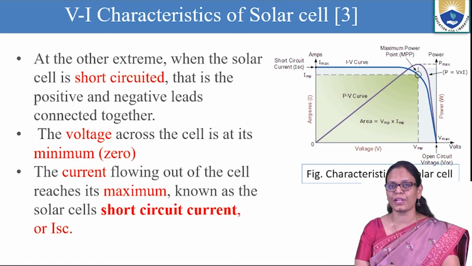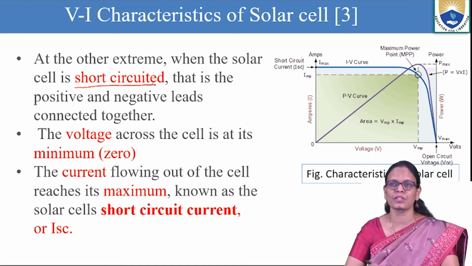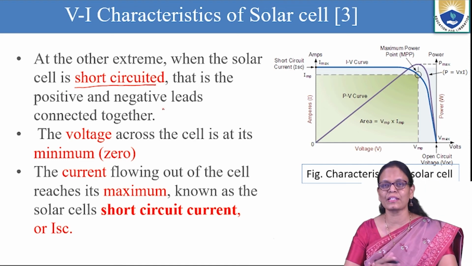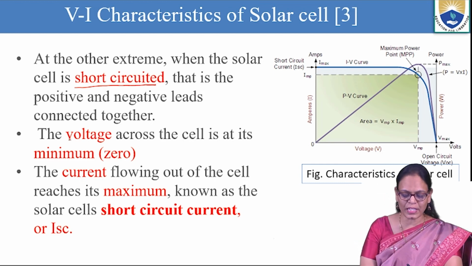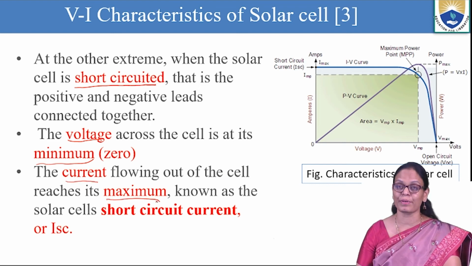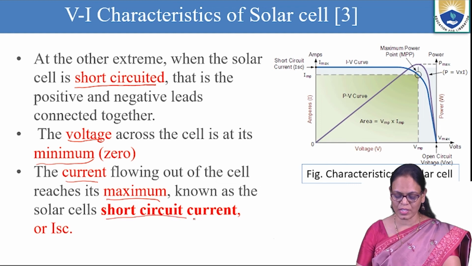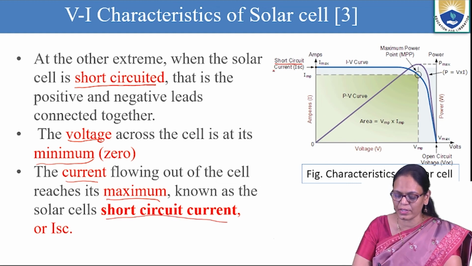Now at the other extreme, when the solar cell is short circuited, meaning when we connect the positive and the negative leads together, we say it is short circuited. The voltage across the cell will be minimum, but the current flowing out of the cell is maximum, and we call it the short circuit current. So where is the short circuit current? This is the short circuit current.